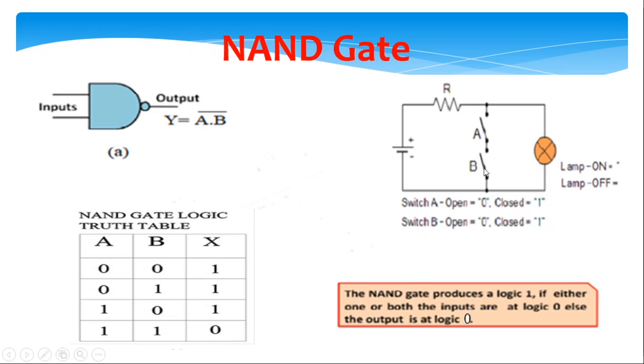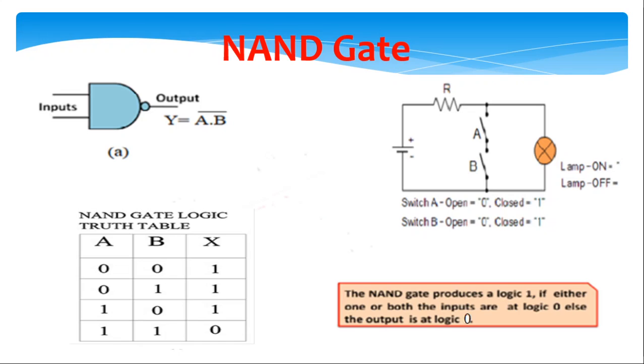That means the lamp is on with the condition either A or B or both switches are low, that means either A or B or both switches are open, or A equal to 0 or B equal to 0 or A and B equal to 0.